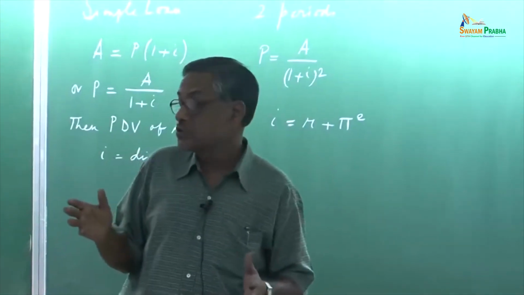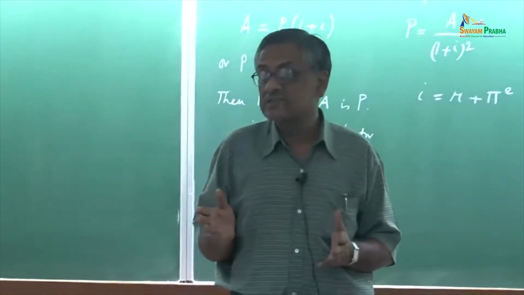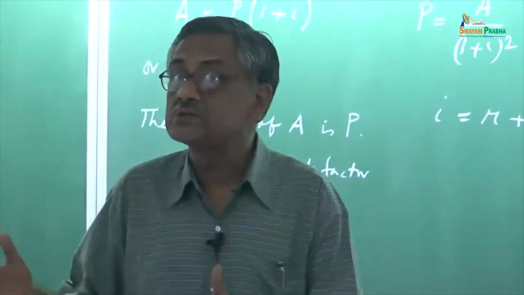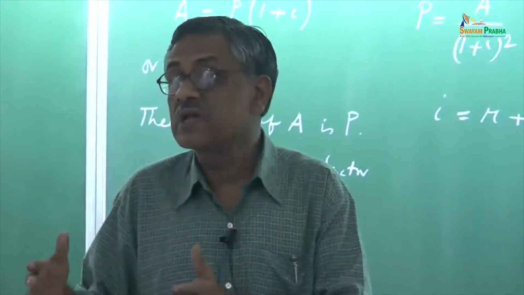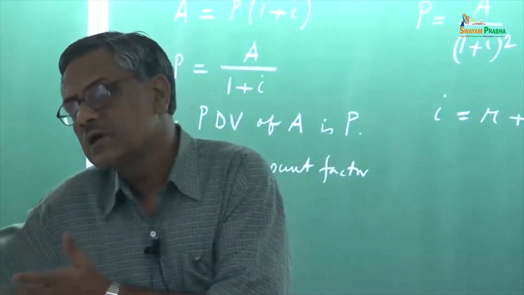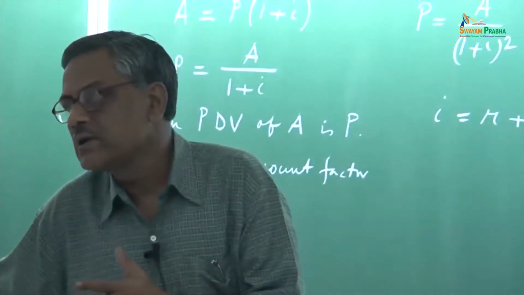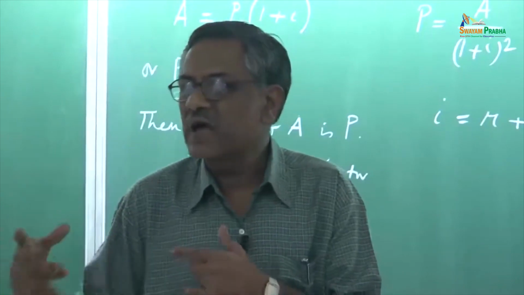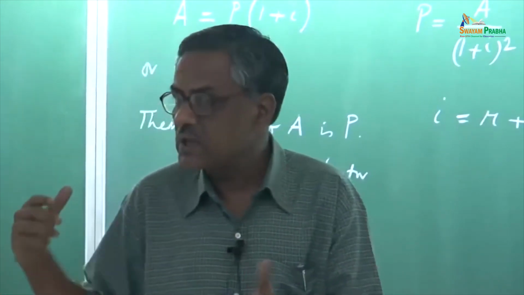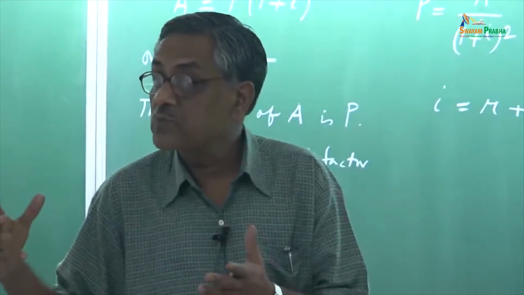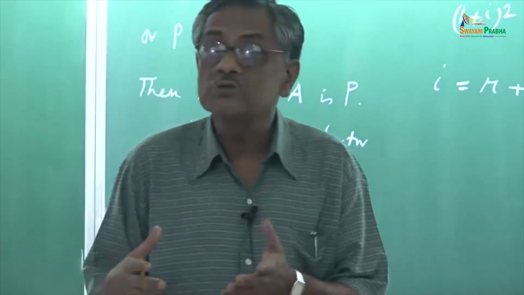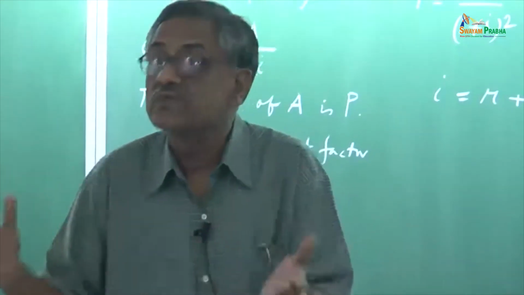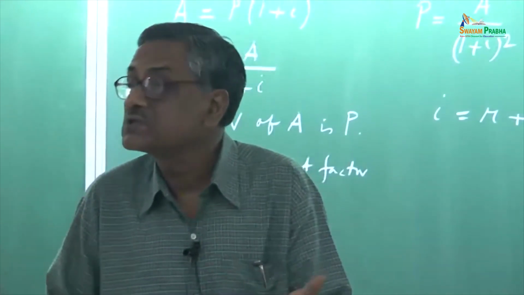Now, if you go into areas like cost benefit analysis of a project, where you incur costs for 5 years and then the returns will come after 5 years, a much more complex discounting goes on there. And there are concepts of private discount rate, which is this one. There is a concept of social discount rate, because in the context of a project it has a social relevance. So, what is the social discount rate?